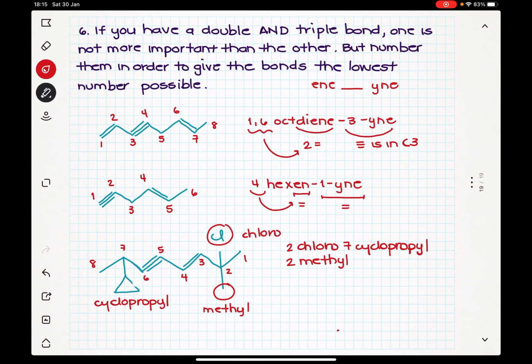So I have 3-octene, 5-yne. Again, the 5-yne tells me where the triple bond is. The 3-ene tells me where my double bond is. And here I have my substituents in alphabetical order. So those are some of the cases that we can encounter when we are naming alkenes and alkynes.